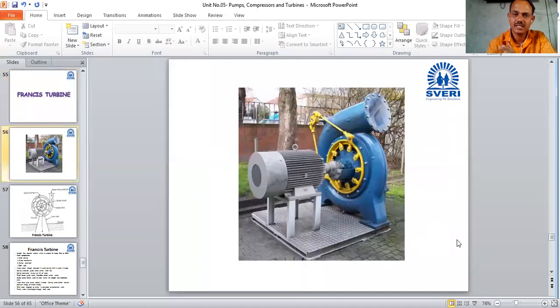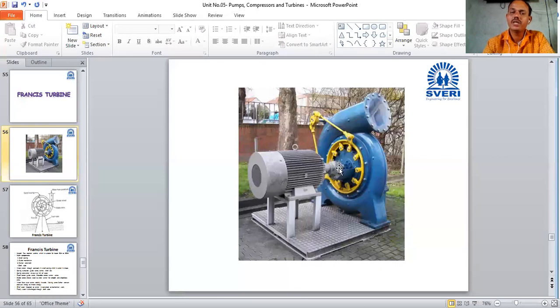If you observe here, this one is a very small demo of a Francis turbine. The blue color is the casing of the turbine. The yellow color shows the arrangement or mechanism to adjust the guide vanes.